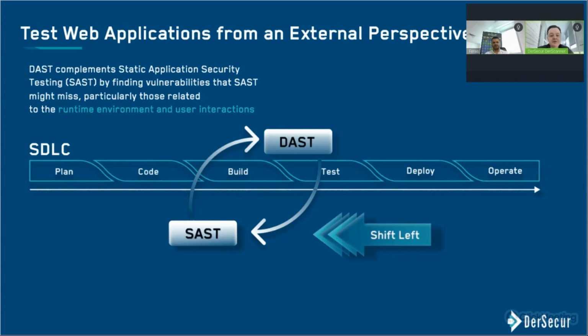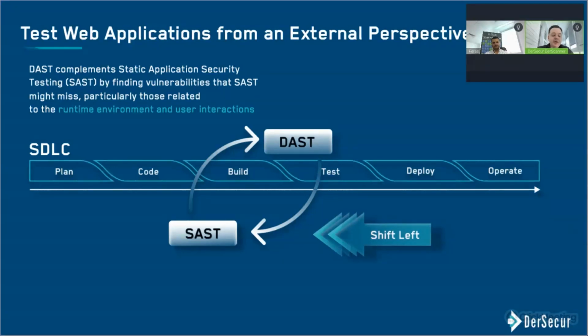And the great thing about DerScanner is that dynamic analysis works in collaboration with static analysis. So what you're going to do is you start with scanning your source code, and then you will have one list of vulnerabilities. Then you take the same application, but the working version of the web application, provide DerScanner a URL to attack, and you will have another list of vulnerabilities.